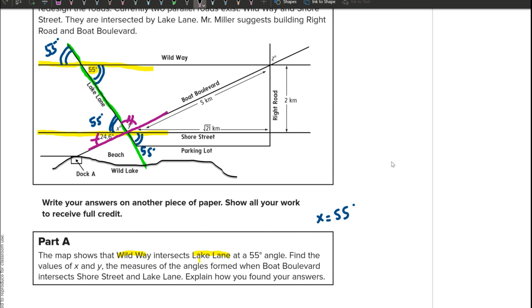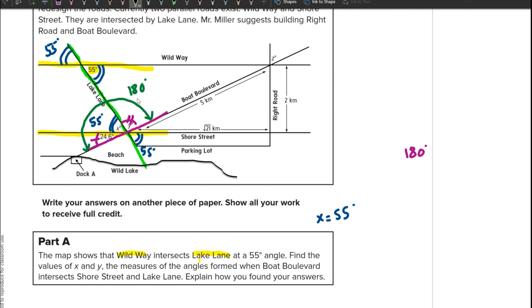As we know, a linear line is 180 degrees, right? Let me try to emphasize it more. These are the three angles that we're looking at that make a straight line, which is 180 degrees. One of them is 24.6, the other one is 55. The third one is the missing angle.